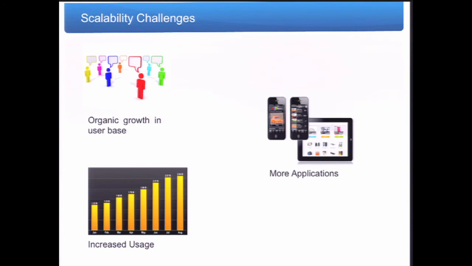They created their accounts, organic user base, and of course over a period of time, using eBay on the native device is very easy. You just open the app, you bid on a certain item, you view it, it's just a click away, which has resulted in the increased usage. So with all these things, the overall traffic, overall activity has increased significantly, and which at the end results in scalability challenges.